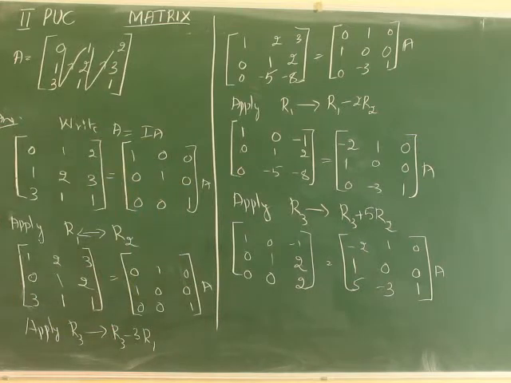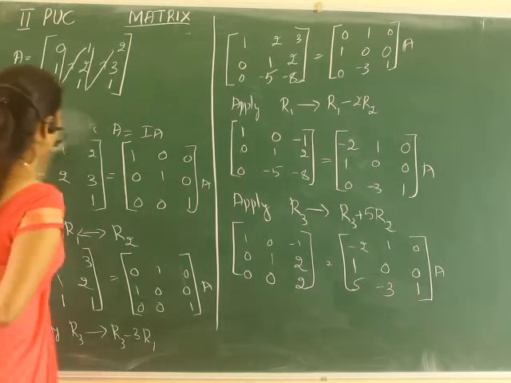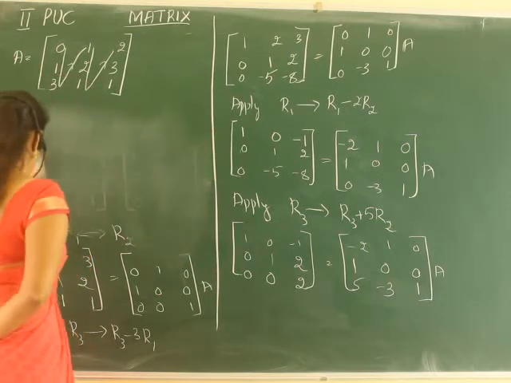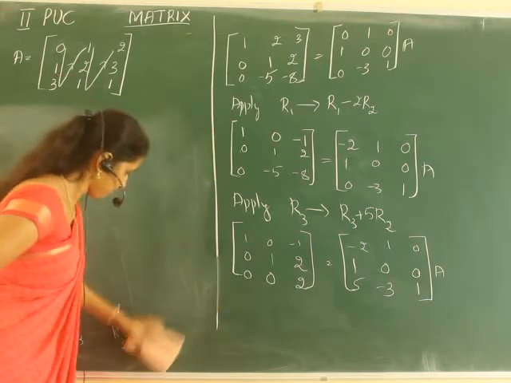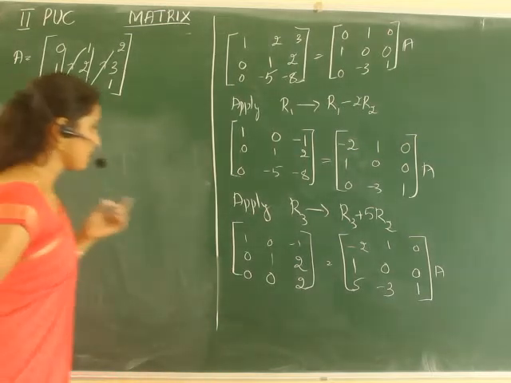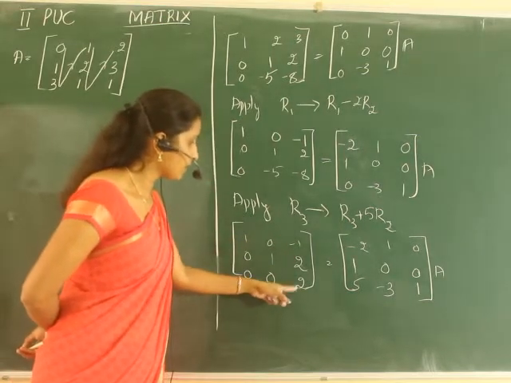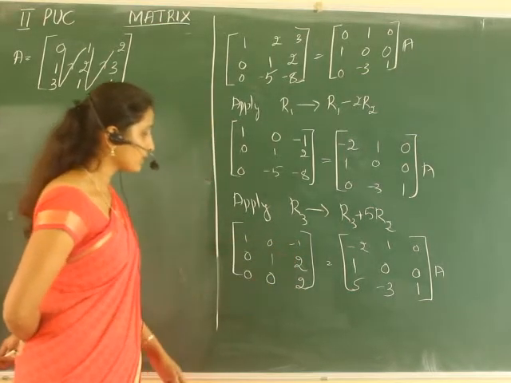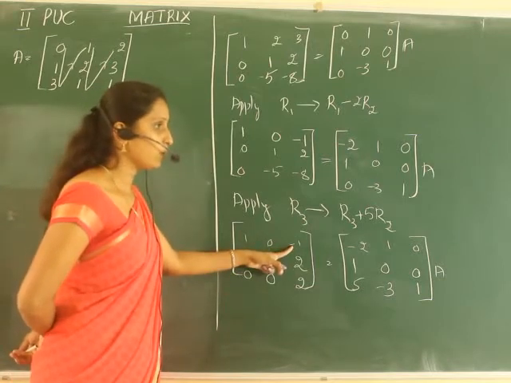So how can I change minus 1? I have to change minus 1 to 0. Which operation can I do now? So how to make it 0?